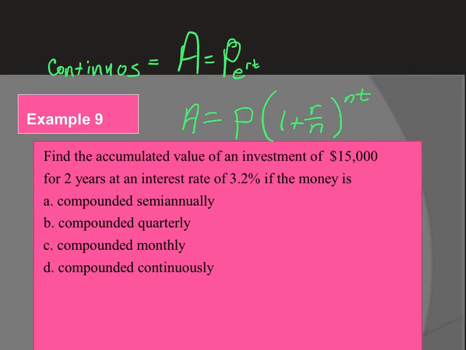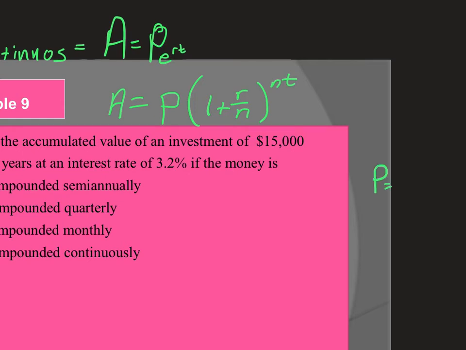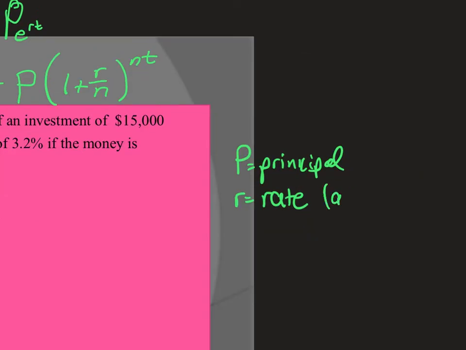Now let's talk about what all these letters stand for. P is your principal. Write that down. It's what you start off with. R is your rate, but it has to be as a decimal.